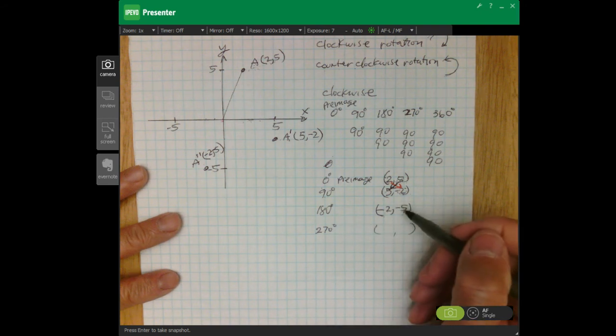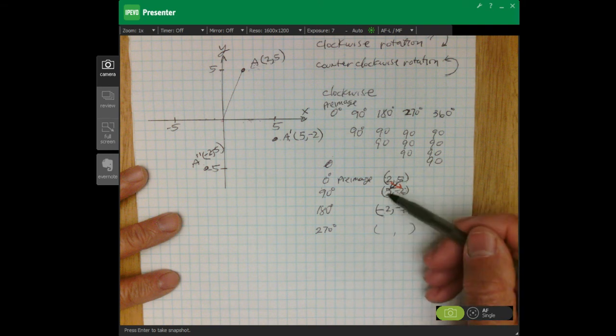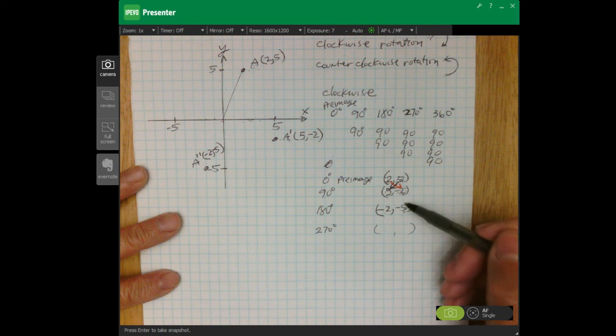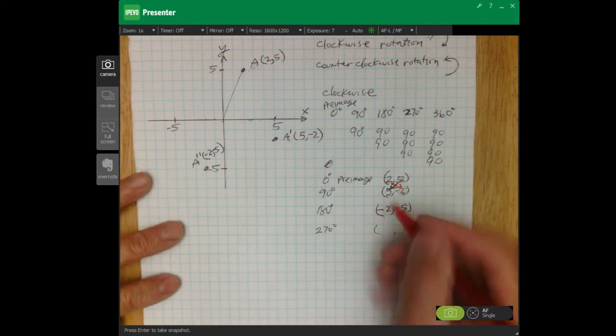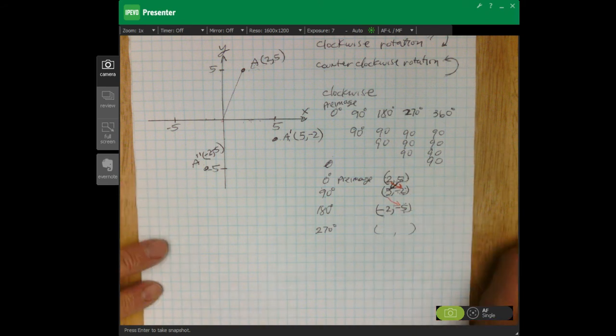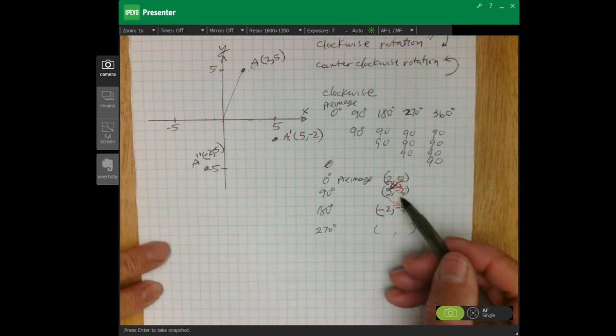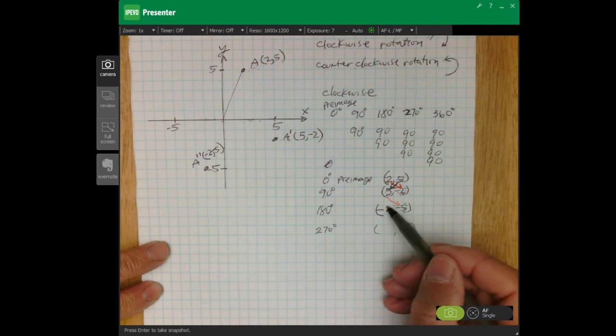So is this one exactly the same as that one? So we have 5 and -5. So it changed locations, but it's not the same anymore, right? It was a 5, now it's a -5. So I'm going to use my red pen to indicate that it changed. Then these two right here, okay, well, it changed locations, right? -2 went from the y coordinate to the x coordinate. But is it exactly the same number?